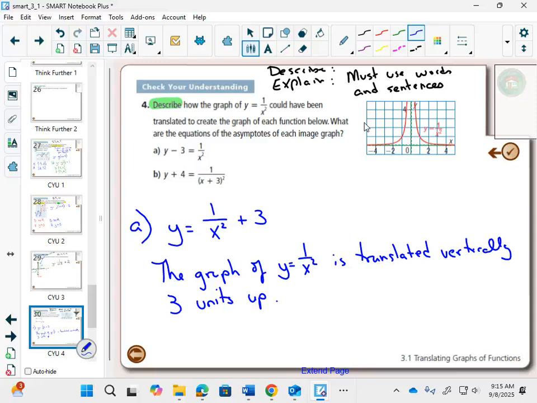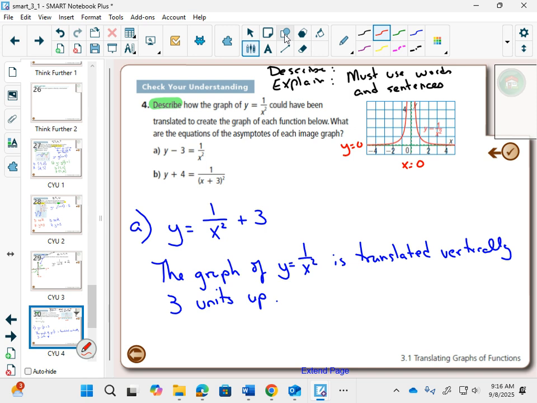Now, I might be tempted to go to part B right away, but I can't yet because I'm going to reread my question. It does say, what are the equations of the asymptotes of each image graph? So I still have to do that. In the original one, there's a horizontal asymptote at y equals 0 and a vertical asymptote at x equals 0.